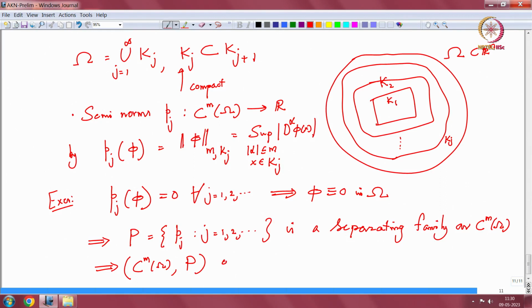So, it generates a locally convex topological linear space. So, that way you get topologies for all m equal to 0, 1, 2, and so on. That is why the notation I gave, C naught is C.